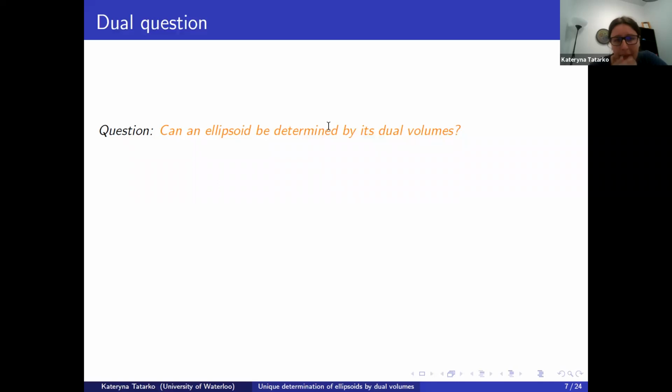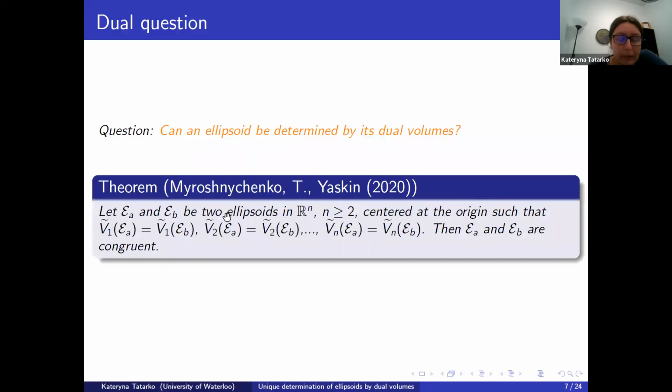So can we determine an ellipsoid based on its dual volumes? And we found a positive answer here. Indeed, if we consider two ellipsoids centered at the origin such that their sequences of dual volumes coincide, then these two ellipsoids are congruent. Okay, so this is the main result.